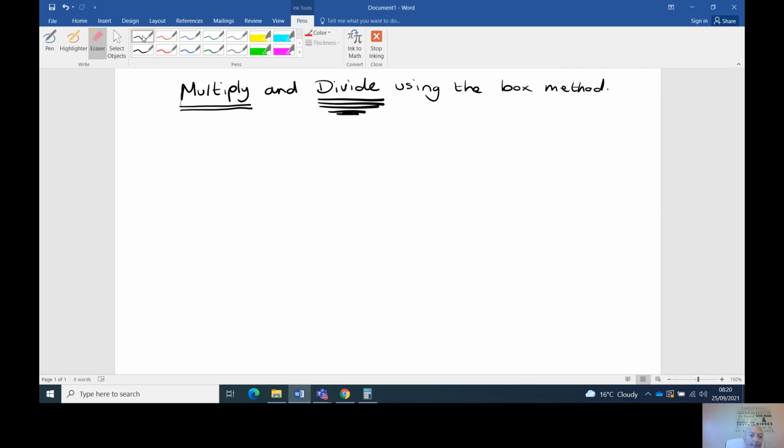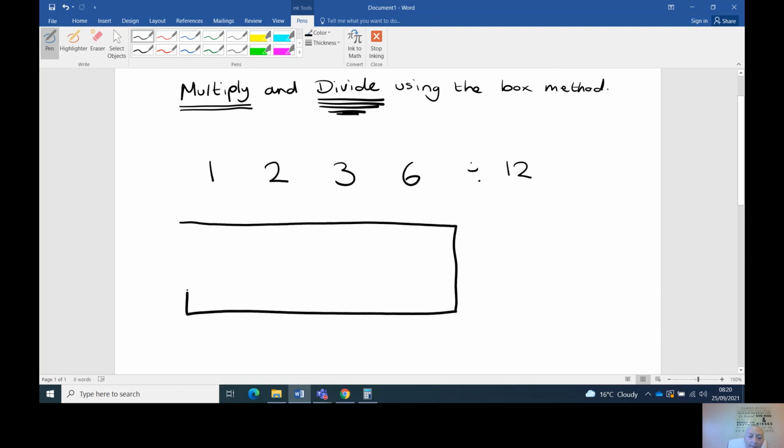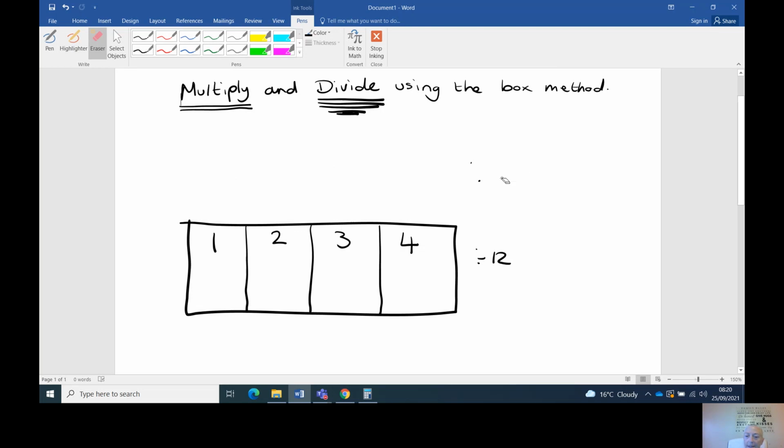So what about if we did 1, 2, 3, 6 divided by the 12 again, because we're confident with that, but we can start using more boxes. I need 4. 1, 2, 3, and 4 divided by 12.